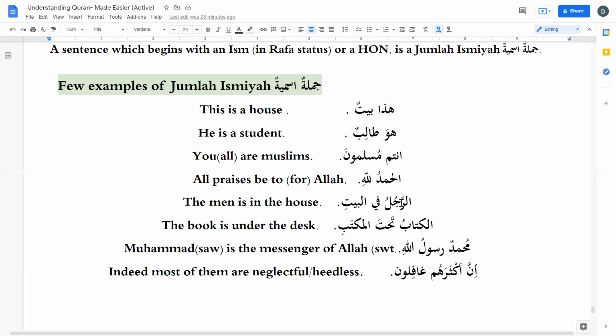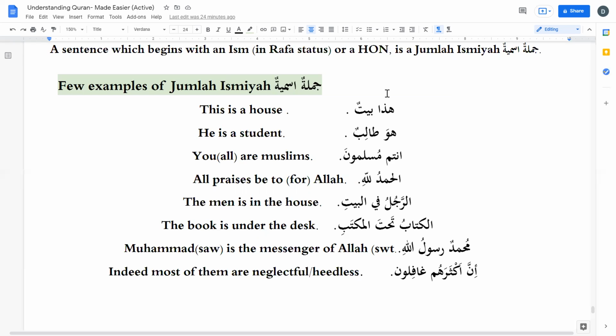Alhamdulillahi. Ar-Rajulu fil Bayti, Al-Kitabu Tahta al-Maktabi. And then we have Muhammadur Rasulullahi. And then we have an example of a harf of nasb Jumlah: Inna aksarahum ghafilun. So these are all examples of Jumlah Ismiyah.